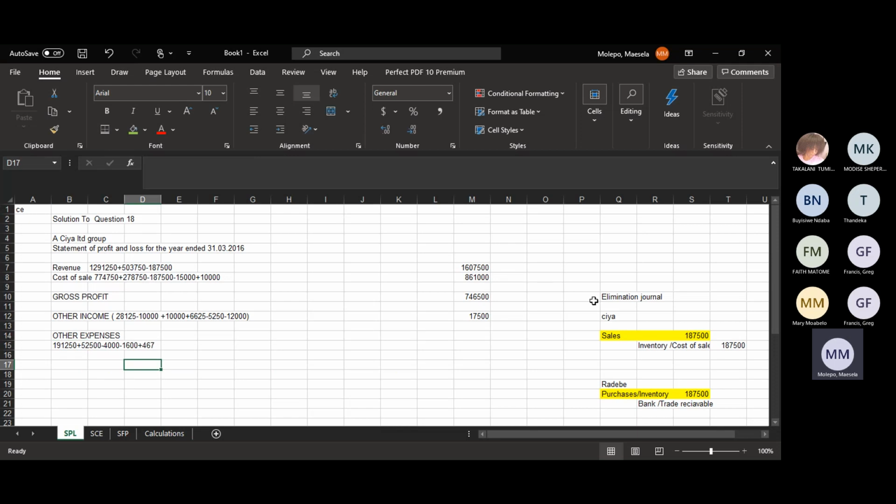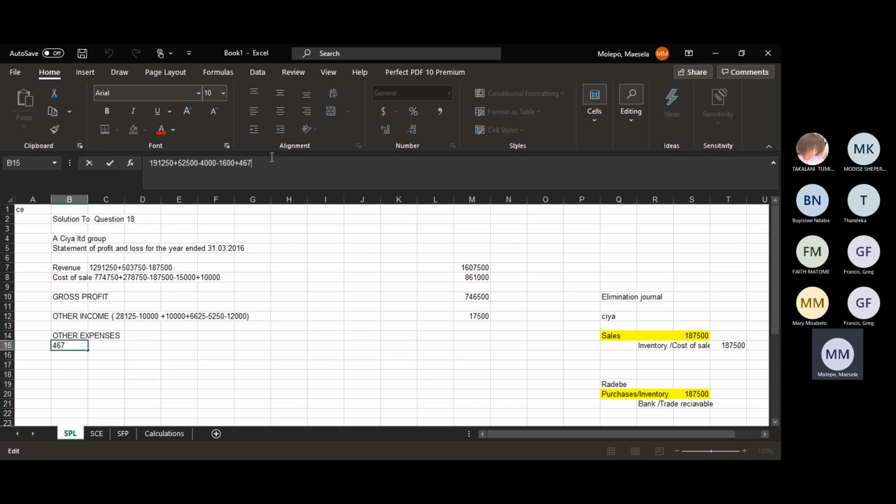And then what else? Then the issue of the debentures. The debentures which were issued by Khatebe of an amount of 87,500. That 87,500 needs to be multiplied by the 12%, because it will be the expense on the debentures or the finance cost that needs to be accounted for, which will form part of the finance income on the other side of the parent.